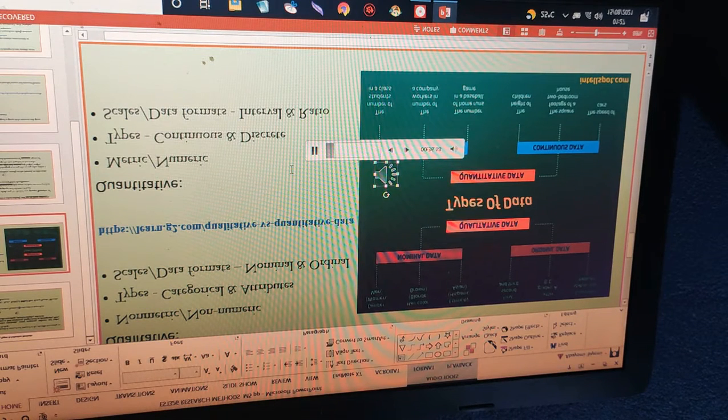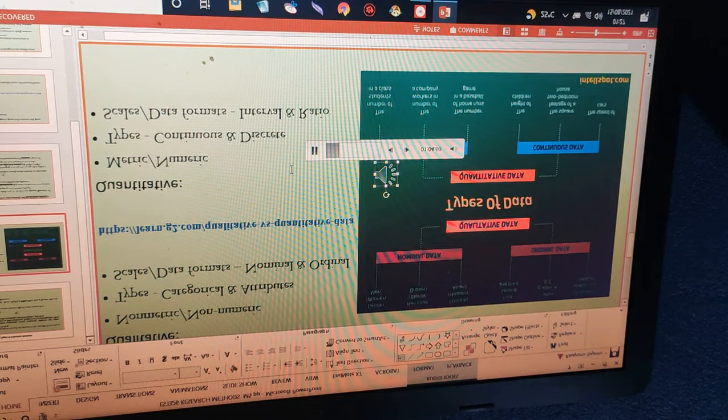So if you have categorical data, it is qualitative data, and data that measures attributes, which are non-metric scoring data. Then your data also can be nominal or ordinal, reflecting that it is non-numeric.